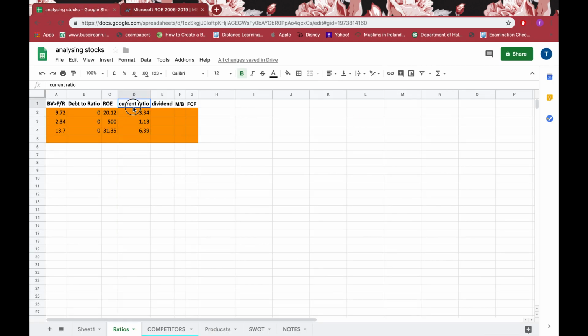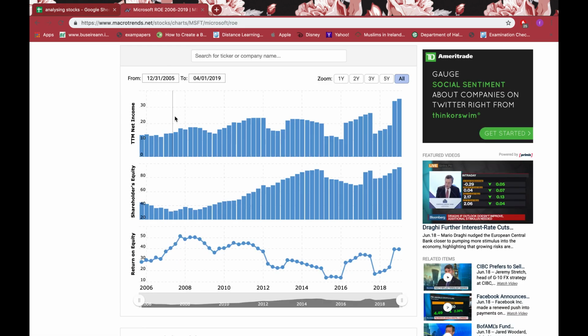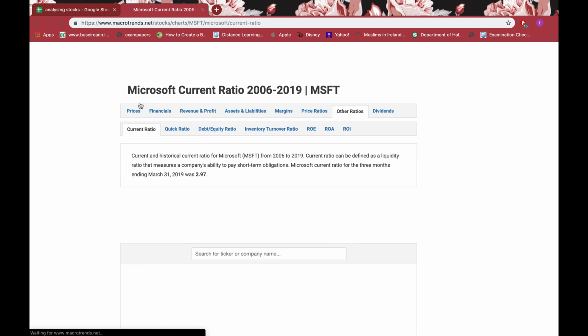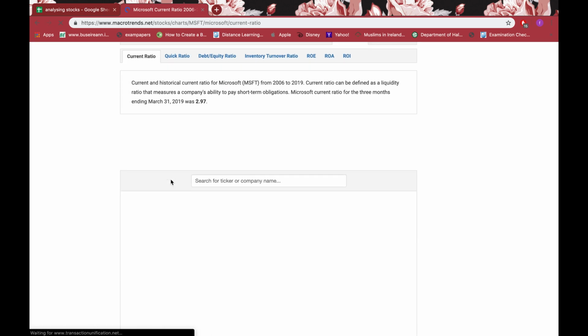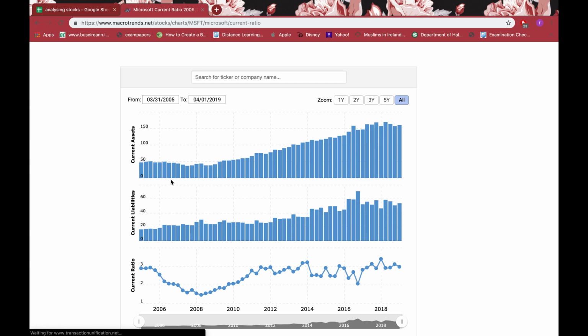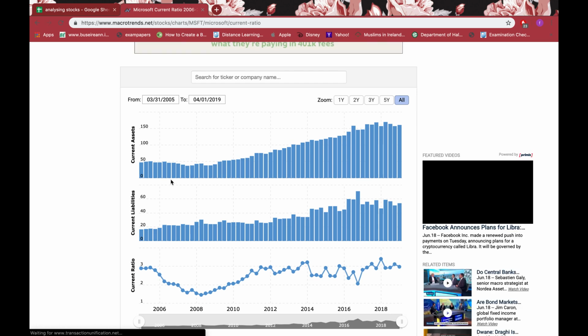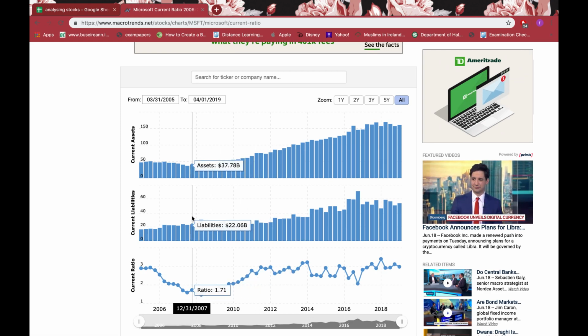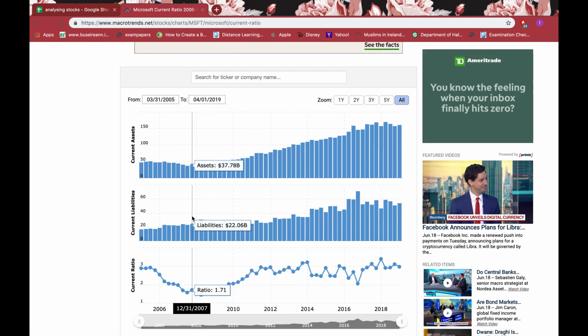Okay, the next one is current ratio. If I click here, current ratio in other ratios, I can see the current ratio is very important, because it tells you the total liabilities and assets you have. So if the assets are more than liabilities, it's better.